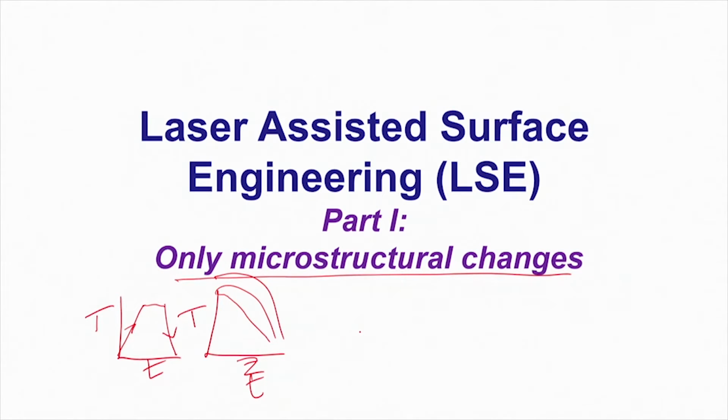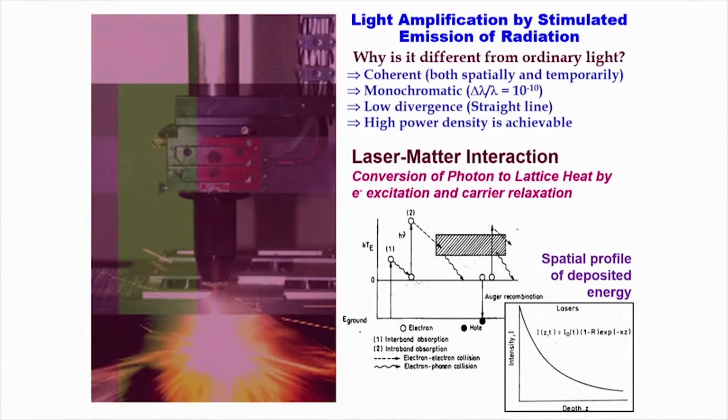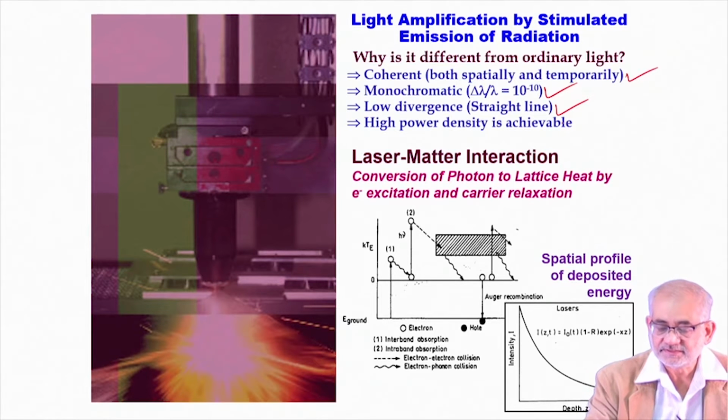And please remember, by microstructural change, we mean the identity, shape, size, distribution, and morphology of the phase aggregate that we are dealing with. We also would like to recall that there are 4 specific reasons why we use laser: because of coherency, because of monochromaticity, because of very low divergence or very precise path of movement, and then finally very high power density at the desired spot.